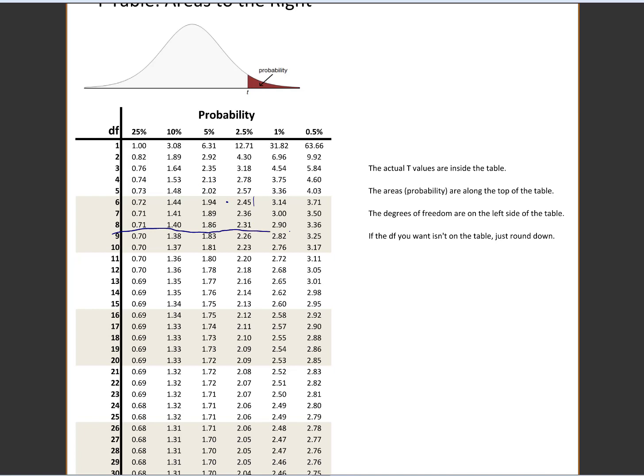With 8 degrees of freedom, we're looking for 1.29. So 1.29 would be right about here, between 0.71 and 1.40. So my probability is between 10 and 25%.